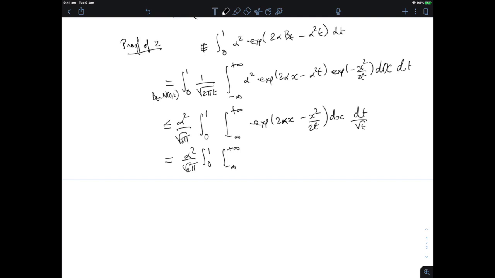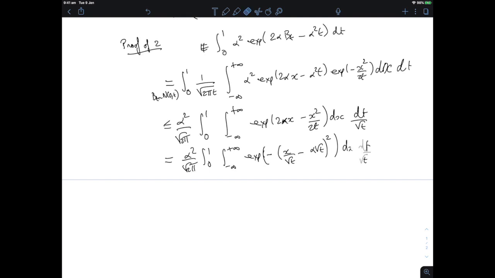And then I get here exponential of minus x over square root of 2t minus alpha square root of t, and then square that. And then dx dt over square root of t.